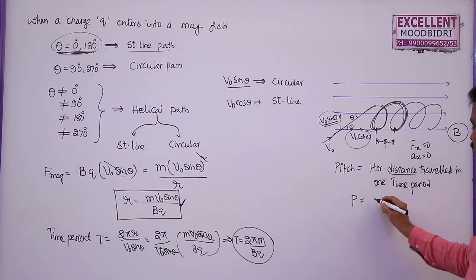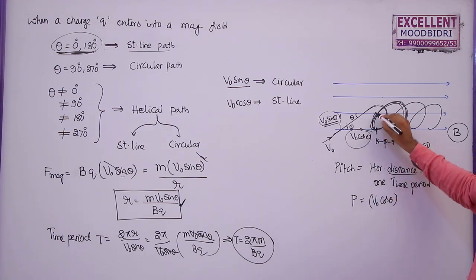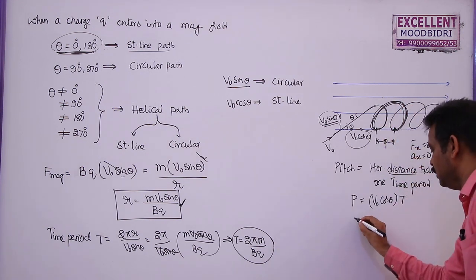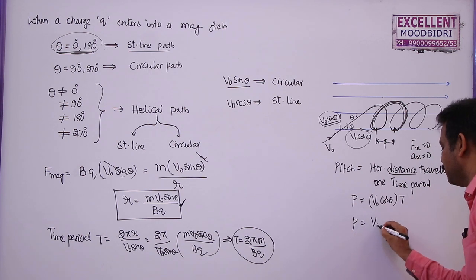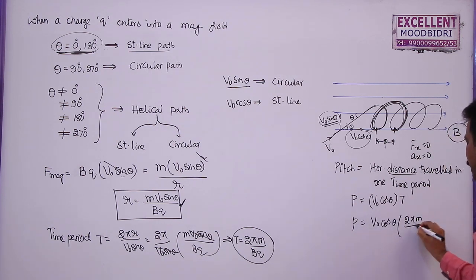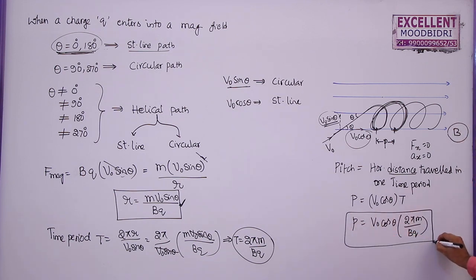So the horizontal distance is equal to V t, that is v naught cos theta into the time taken to complete one circular path, which is the time period T. So pitch is given by v naught cos theta into 2 pi m by B Q. So this is the pitch of the helical path.